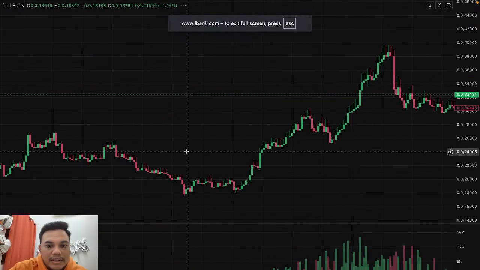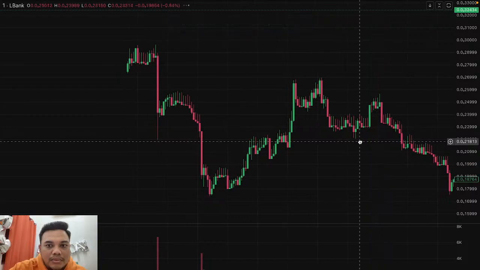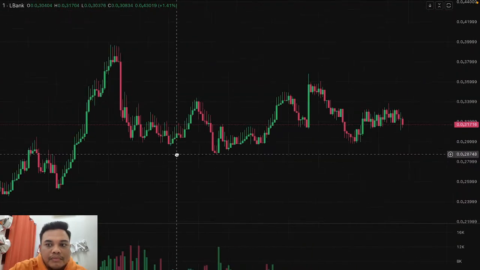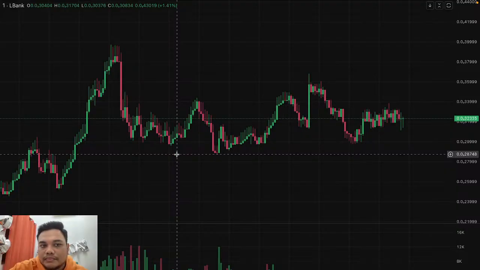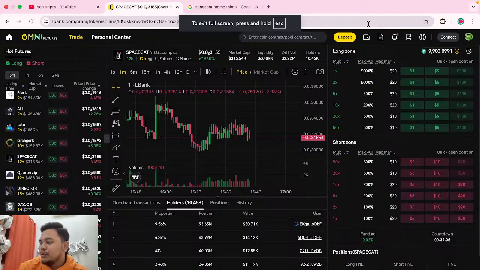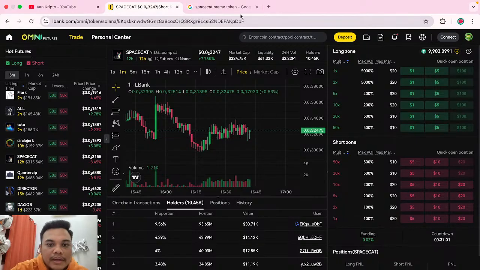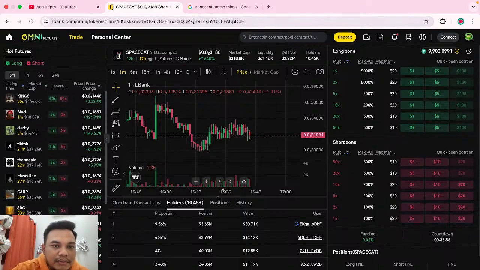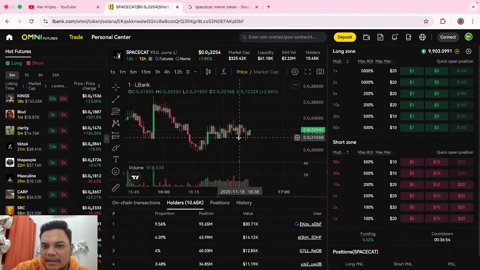Let's see. Oh, not a bad chart, I would say. For those who know how to trade this kind of chart, you can tell me straight away, you can guide me, and then we can do it together, because I still have a lot of money with me. Hope you guys can help me.